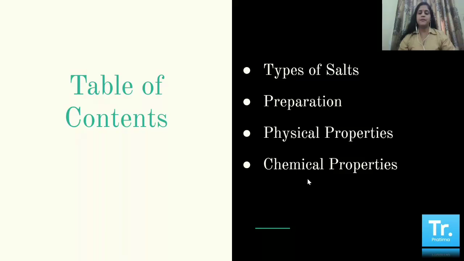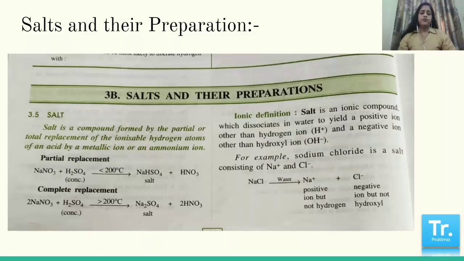So let's begin. Okay, so first let's know what are salts. Salt is a compound which is formed by the partial or total replacement of the ionizable hydrogen atom of an acid by a metallic ion or an ammonium ion.